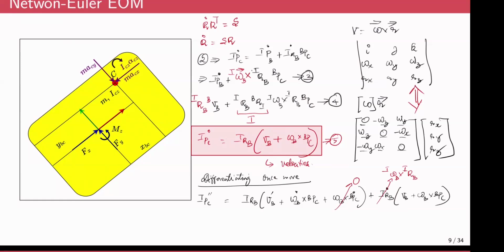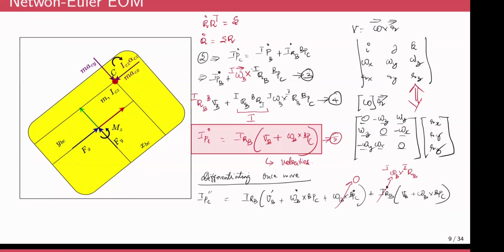So making that substitution, if I write it again, you will get the subsequent expressions as IRB multiplied by VB dot plus omega B dot cross BPC, plus I omega B cross IRB multiplied by VB plus omega B cross BPC.